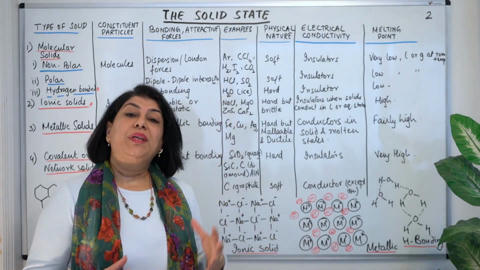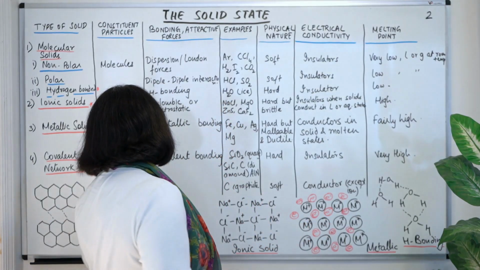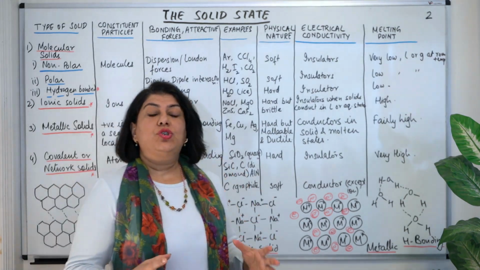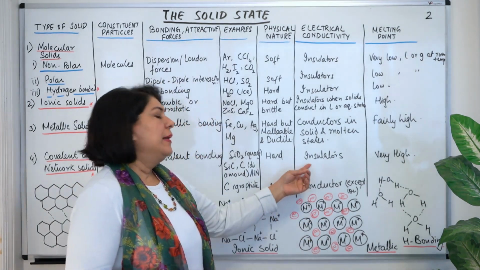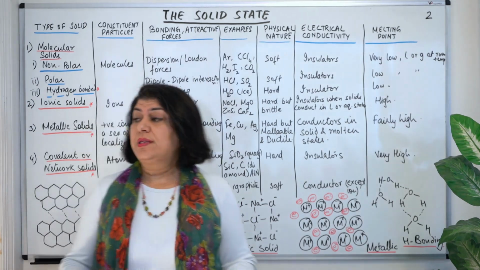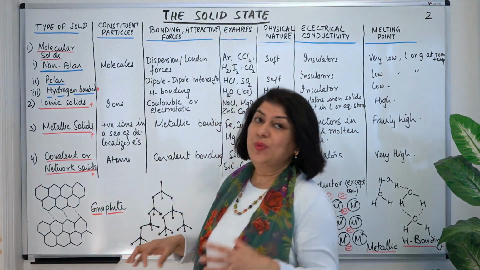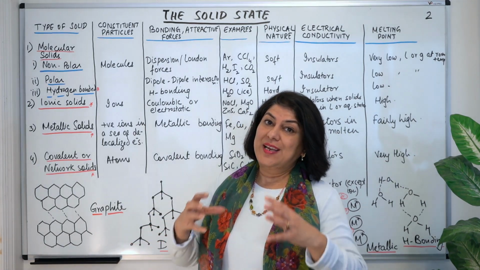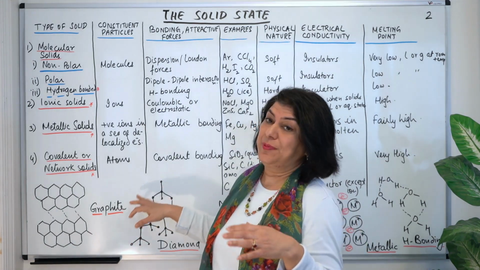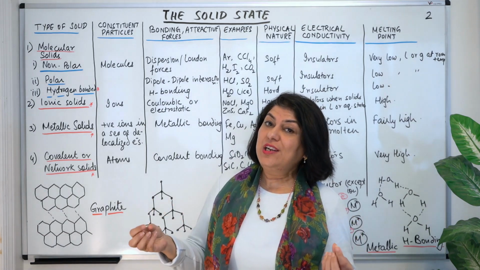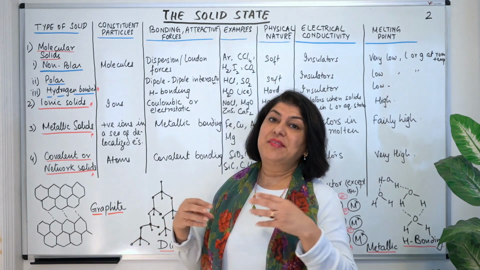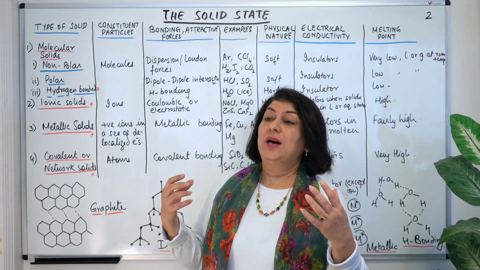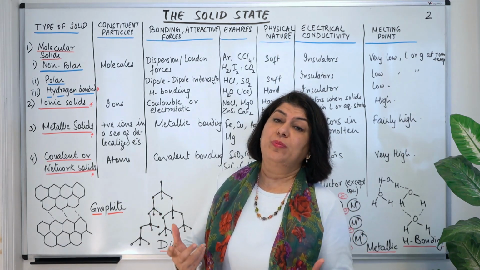Now let us talk about their electrical conductance. The covalent or network solids usually are insulators. Why are they insulators? Because as you see, in the network of covalent bonds, they are all identical atoms, especially in diamond, there is no charge separation, and no charged particle is free to move about.